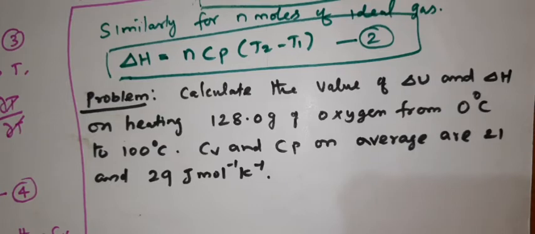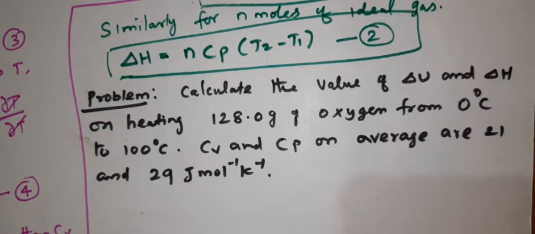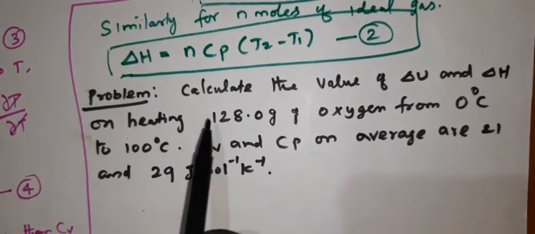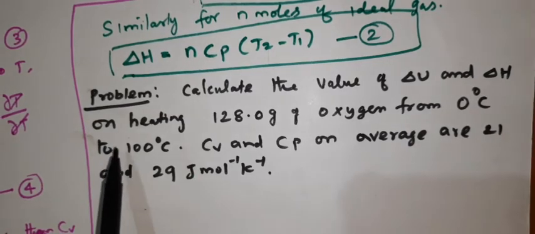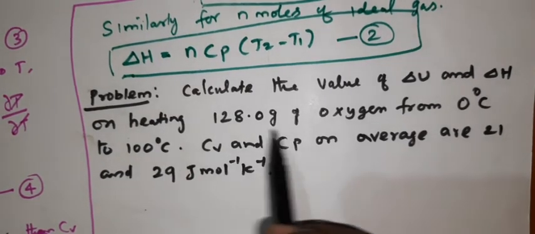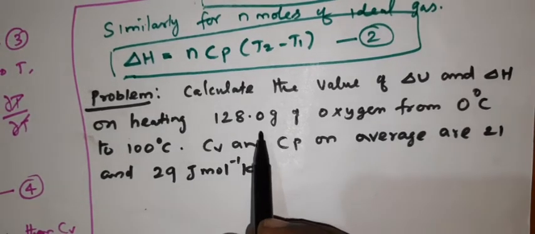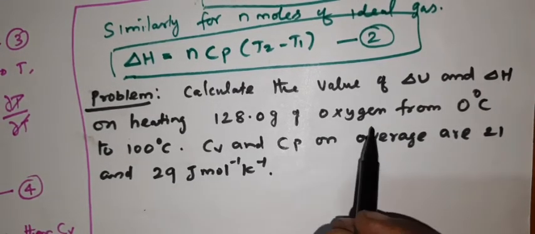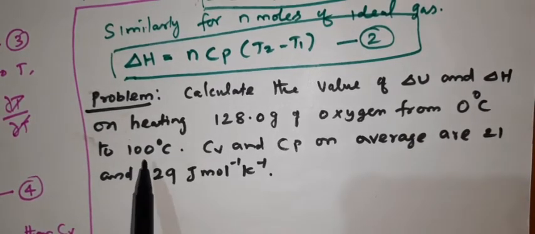So now one problem, that question is related to your delta U and delta H calculations. Calculate the value of delta U and delta H on heating. You are going to take oxygen. What is the weight of oxygen? That is 128.0 gram of oxygen, and you are going to heat from 0 degrees Celsius to 100 degrees Celsius.